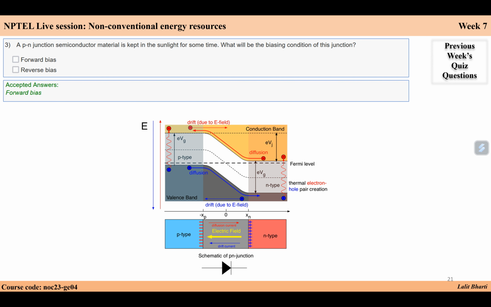A PN junction semiconductor material is kept in the sunlight for some time. What will be the bias conditions of the junction? These kinds of conditions we have seen in solar cells.